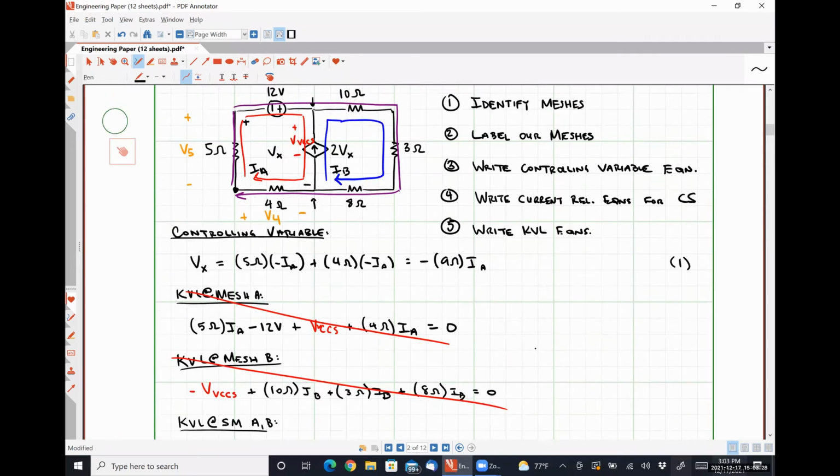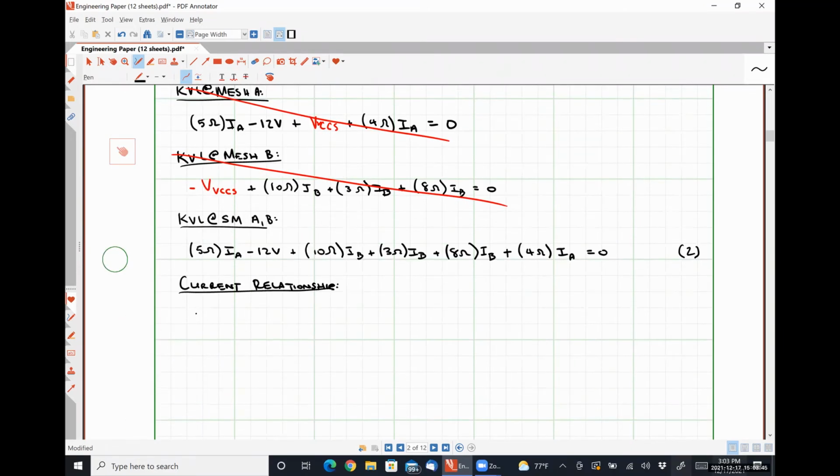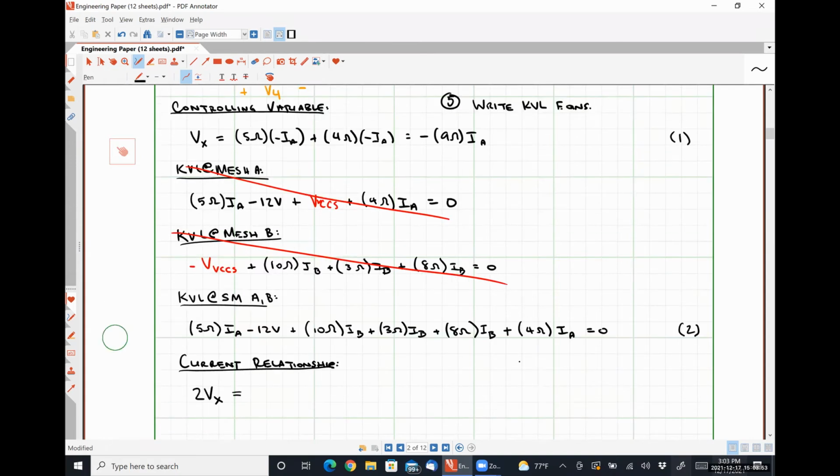So what I mean by that is I have a current source there smack in the middle of the circuit, right? Kennedy, how much current is that source providing? 2Vx. We'll get to that part in a minute. So just 2Vx. All right.